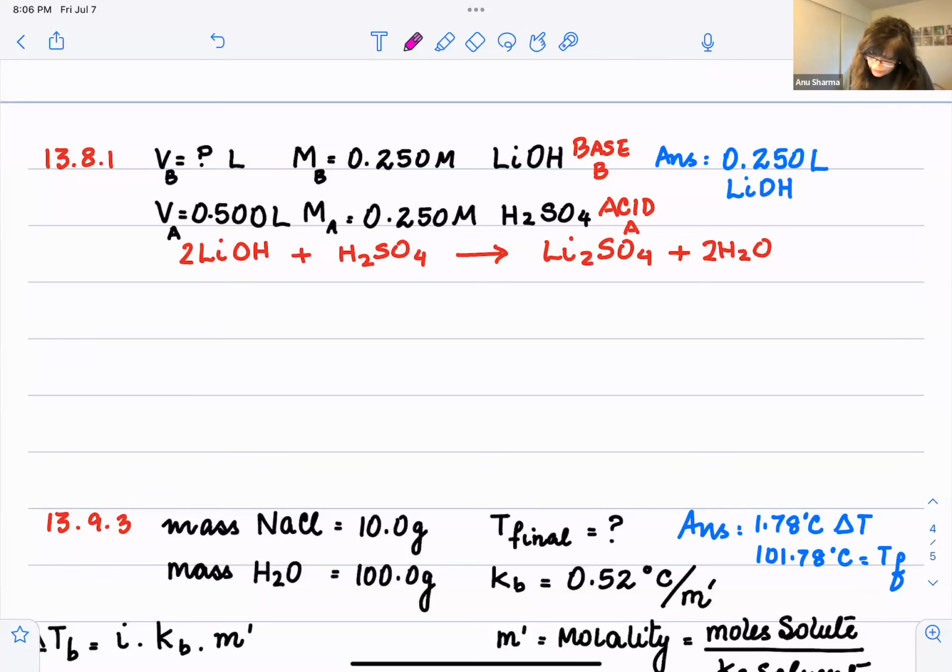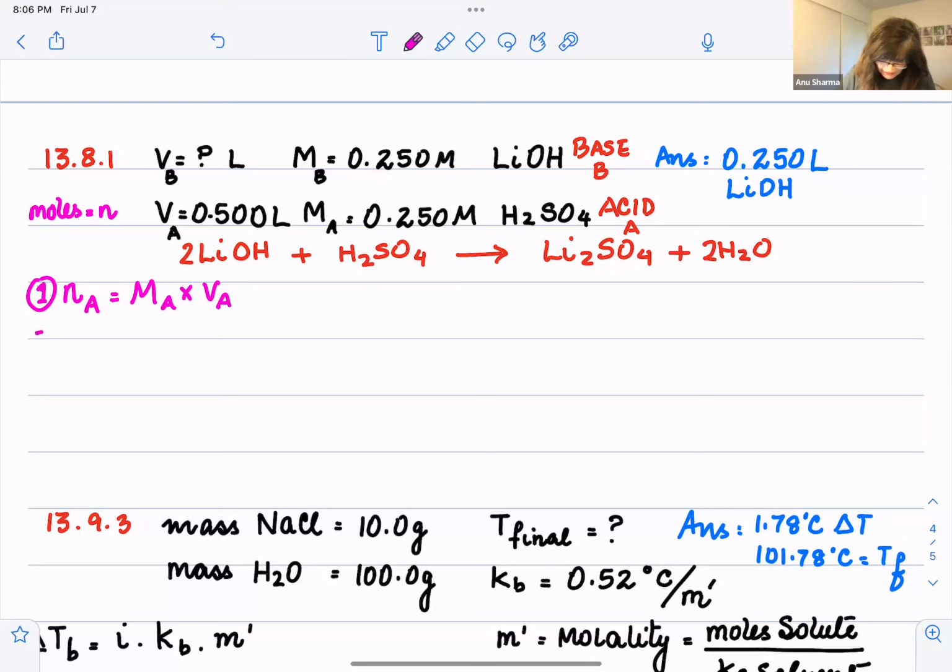The question is asking how much of the base, the volume of the base, is something that we need to find. First, find the moles. I'm showing moles as n. So n moles of acid is equal to the molarity of acid times the volume of acid.